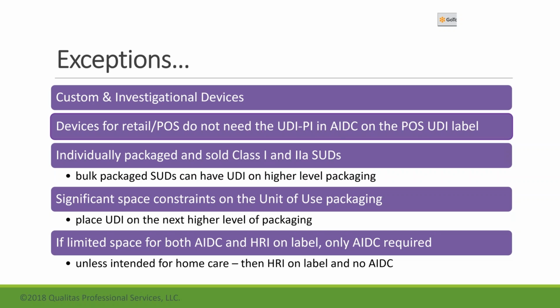It's going to be very difficult to say that you don't have enough space on your label if you have a large package and there's plenty of room for a larger label, but you just don't want to change your labeling.